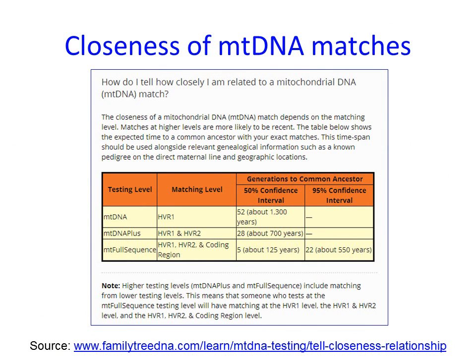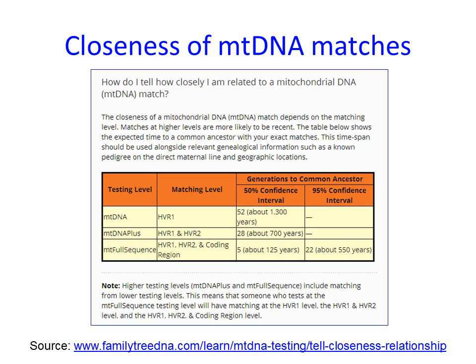This page on the Family Tree DNA website gives you the chances of the time frame for the mitochondrial DNA matches. And if you can see here, if you have a full sequence match, they reckon that 95% of the time that match will fall within about 22 generations, or about 550 years. So that's still quite a long time ago when you've got that problem of the surname changing every generation.